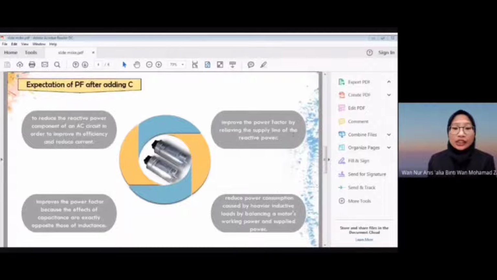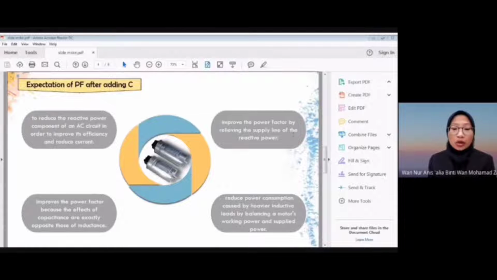In addition, capacitor helps to improve the power factor by relieving the supply line of the reactive power. To be clear, the capacitor achieves this by storing the magnetic reversal energy. Capacitors can be installed at several points in the electrical system and will improve the power factor between the point of application and the power source.